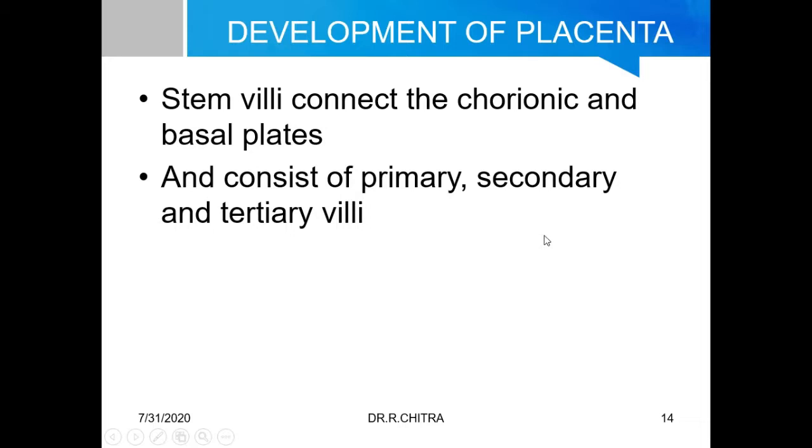If you see the types of the villi, the stem villi connect the chorionic and the basal plates. We have now seen the development of primary villi, secondary villi and tertiary villi. These are the developmental stages of the stem villi.